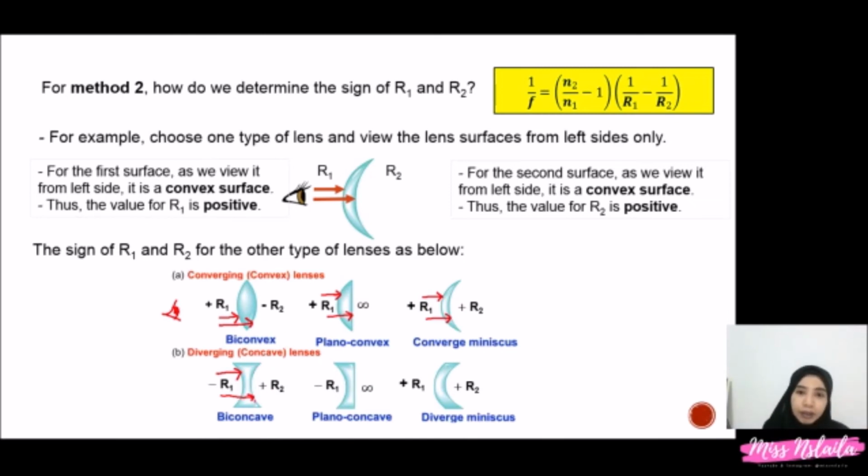Next, for the plano-concave, the first surface is concave to your eye, so negative, and the second surface is infinity because it's a plane surface. And then the divergent meniscus: this side is convex, so positive R1, and this side is convex also, so it will be positive R2. So it's up to you which method you want to use, but for example, I will use method 1 first.